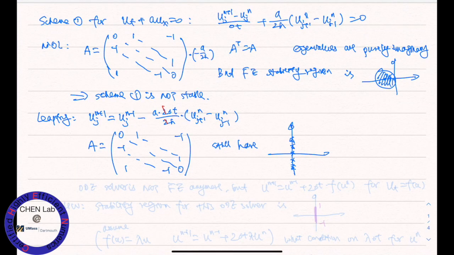But of course the ODE solver is not forward Euler anymore, so we cannot immediately conclude it is unstable.